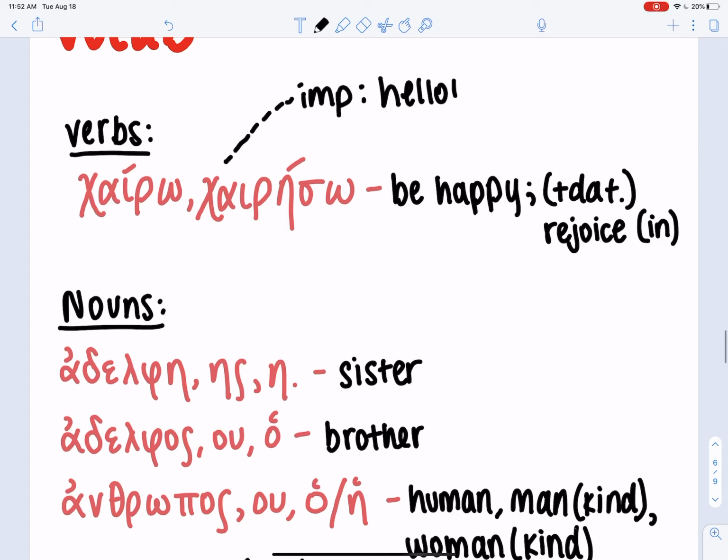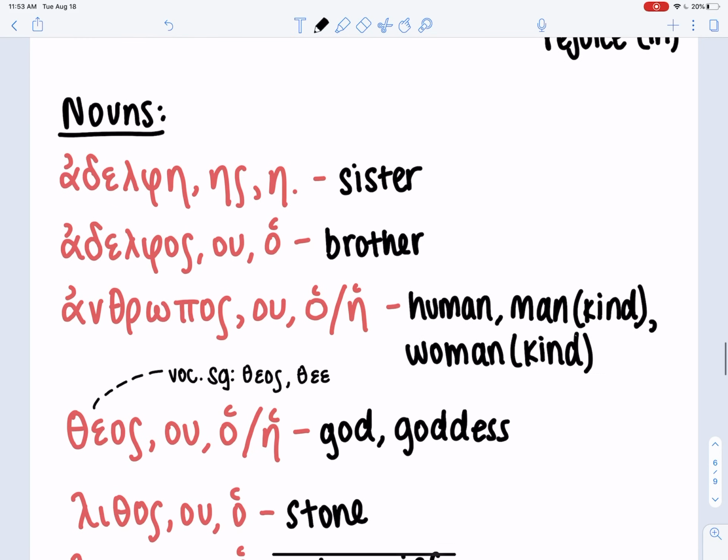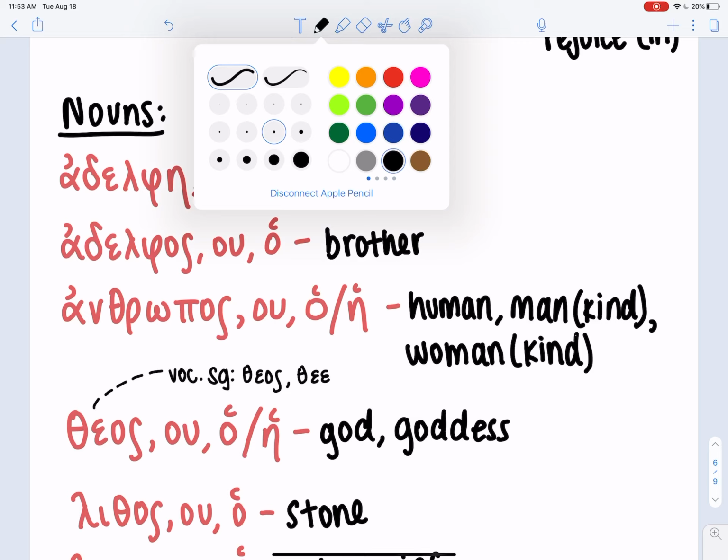Also remember that from now on we're using the future of the first person singular indicative form as our second principal part. So now let's move on to nouns, which are the most interesting part of this week, I think.